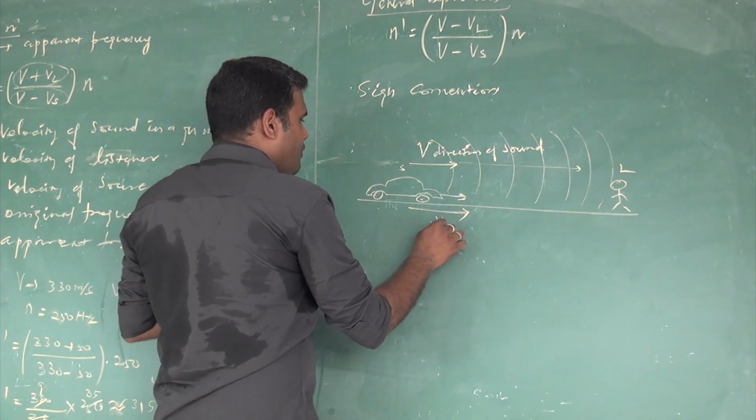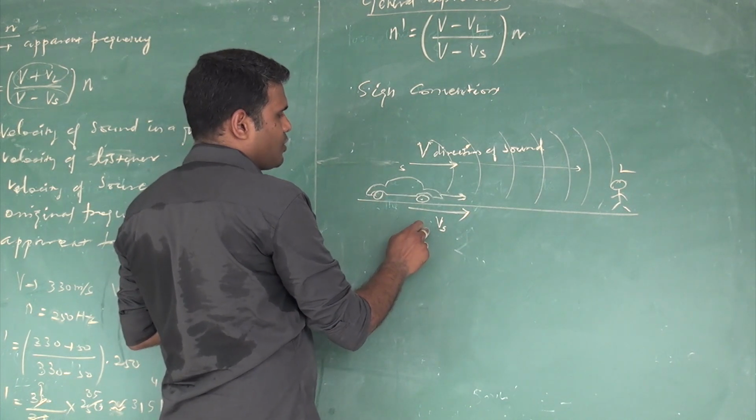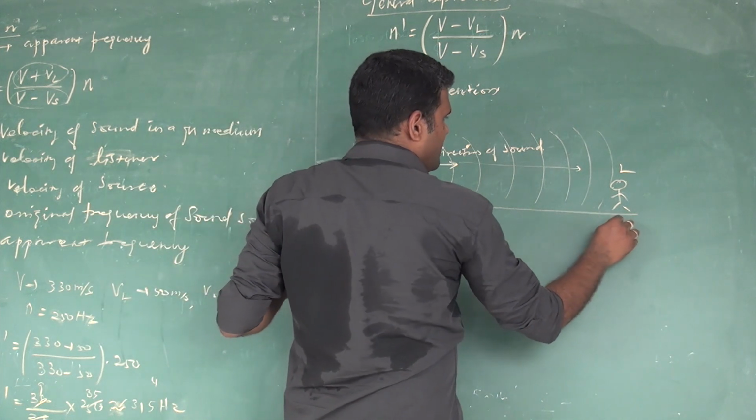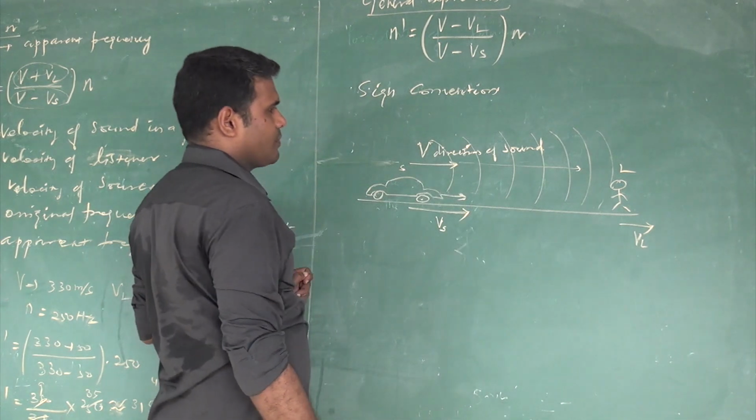The movement of the source is taken as Vs, and the movement of the listener is taken as VL.